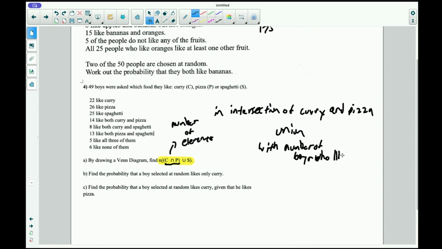Oh, my handwriting is atrocious tonight.